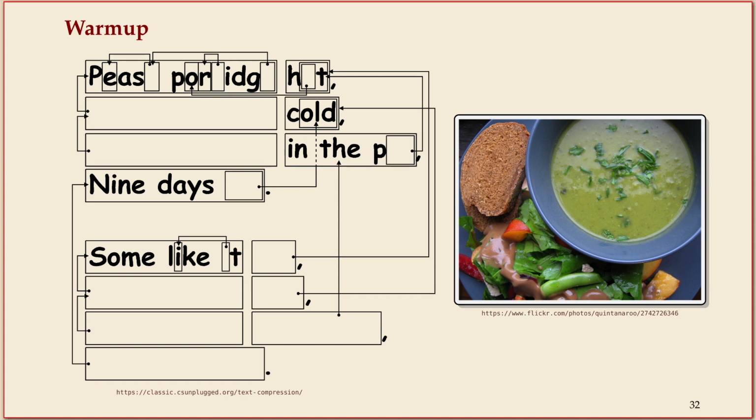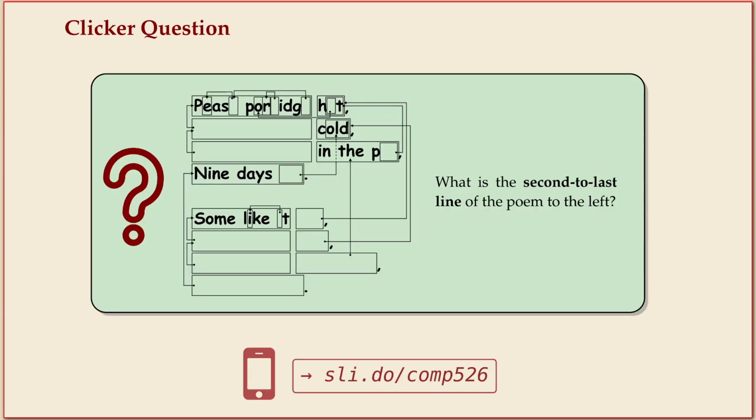To explain the concept, I picked something that needs no words really, but it illustrates perfectly well what Lempel-Ziv compression is like. So stare at this for a moment, and I'll have a Slido question for you. I'll show you in a second. To decode the second to last line, I think. Yeah, the second to last line of the poem is what I'll ask you on Slido.